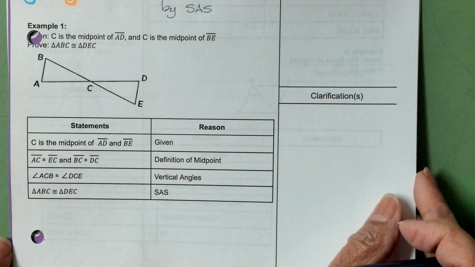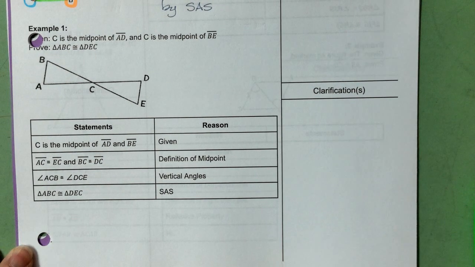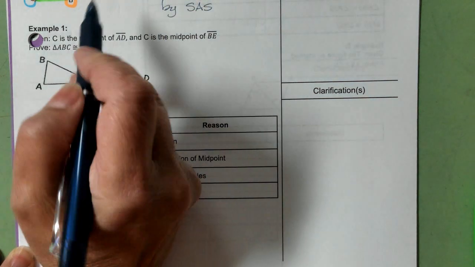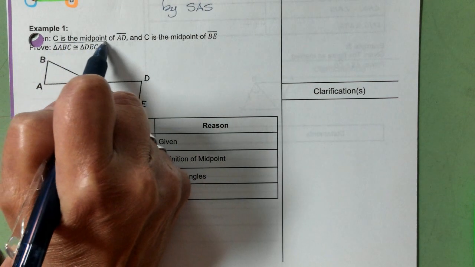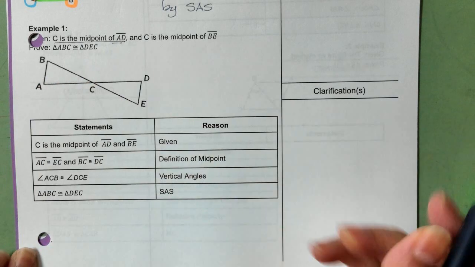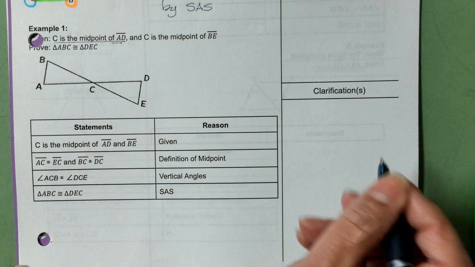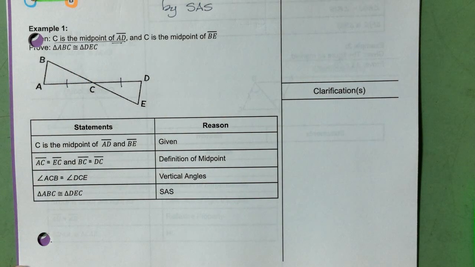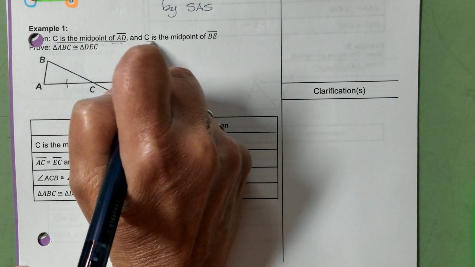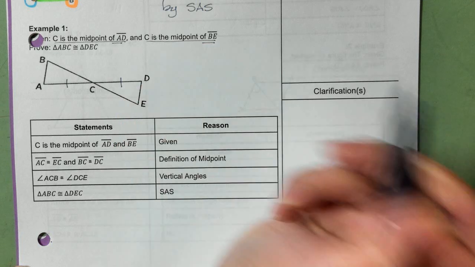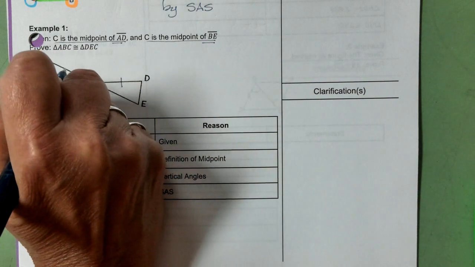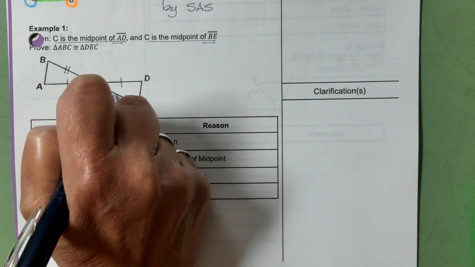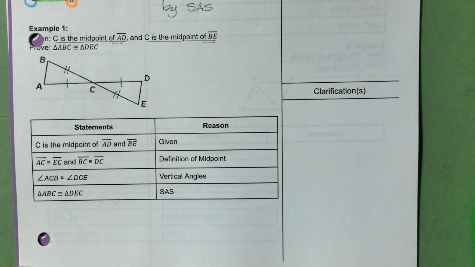So let's walk through a proof that is completely filled out and how we can mark our diagrams. We are given C is the midpoint of segment AD. A midpoint separates a line segment into two congruent segments. C is the midpoint of segment BE, so that means it too separates BE into two congruent segments.